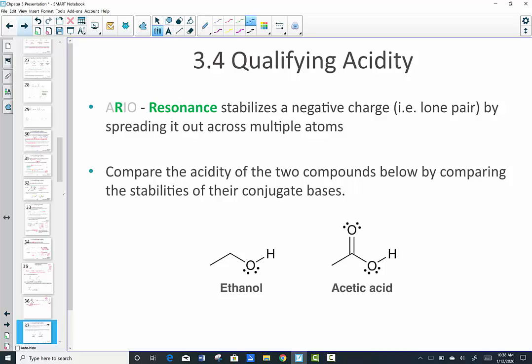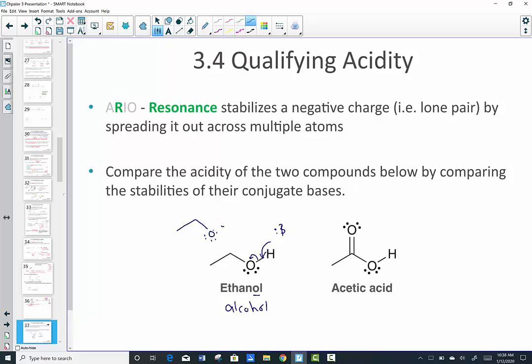So for example, in ethanol, this is the functional group we are learning, an alcohol. When a hydrogen gets abstracted by some base, the bond collapses and you have a negative charge here, this oxide anion, O negative.